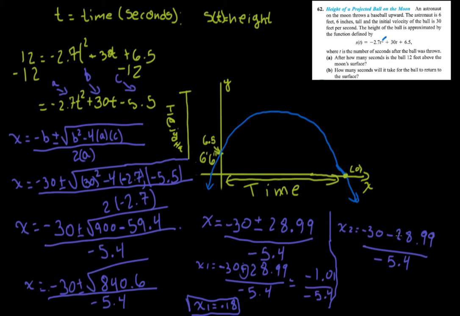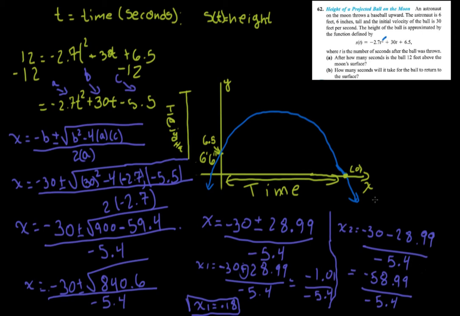So we're going to do this. We're going to try to save some space here because we don't have a lot of space left. So we have negative 30 minus 28.99, and because there are similar negative signs, we're going to add them. So we're going to have negative 58.99, all of that divided by negative 5.4.